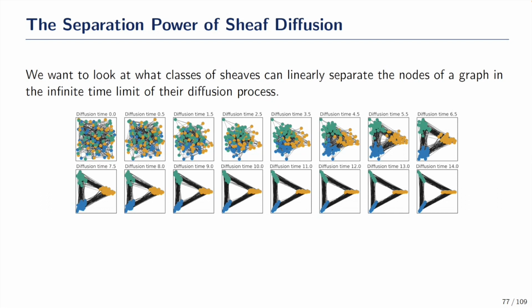You can see all these classes are so entangled that it's very hard to separate them, even with nonlinear decision boundaries. But we want to find a sheaf such that when we run this diffusion, and this is actually coming from a real sheaf on this, look how everything becomes very clustered and nicely separable at the end. In the last picture, we can just draw some lines and visually separate all the classes.